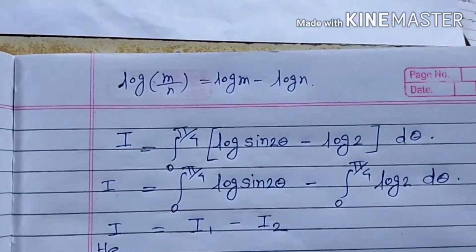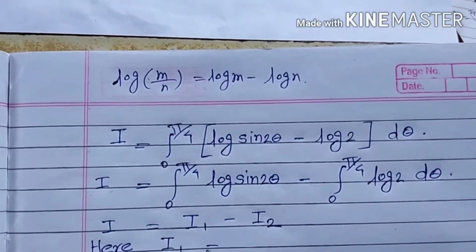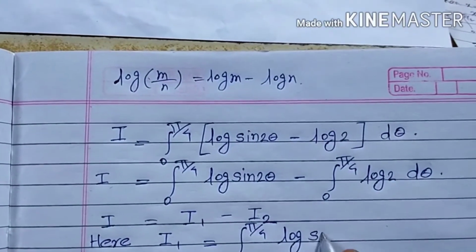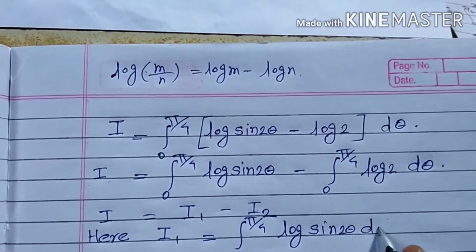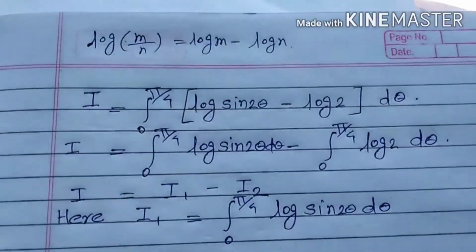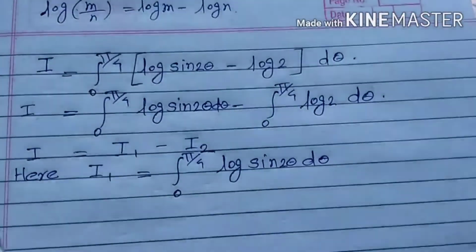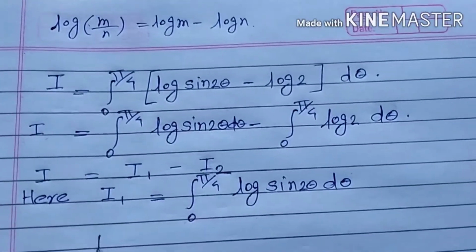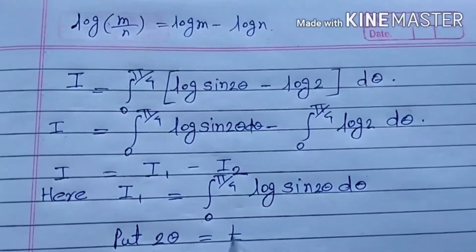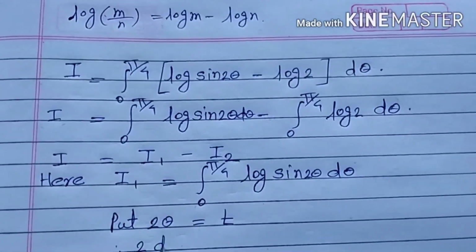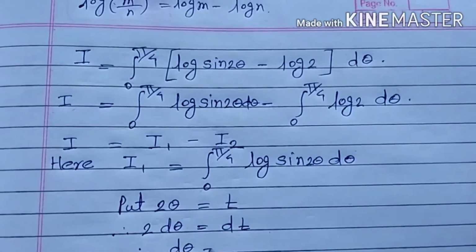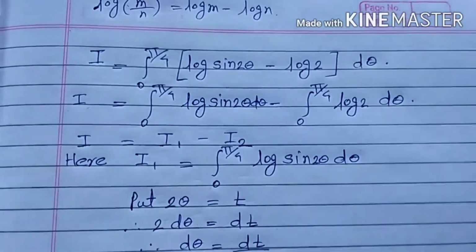So here I1 is equal to integral from 0 to pi by 4 of log of sin 2 theta d theta. Now here we use the substitution method. Put 2 theta equal to t. Therefore 2 d theta is equal to dt, and d theta is equal to dt upon 2.